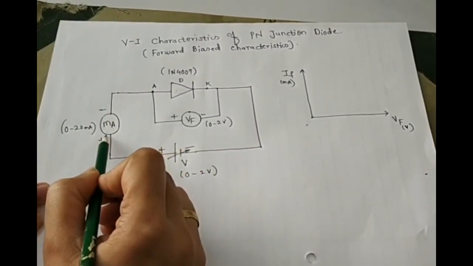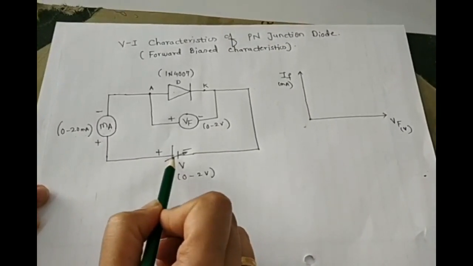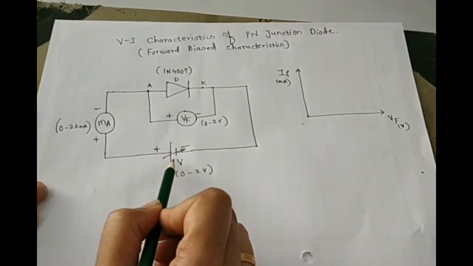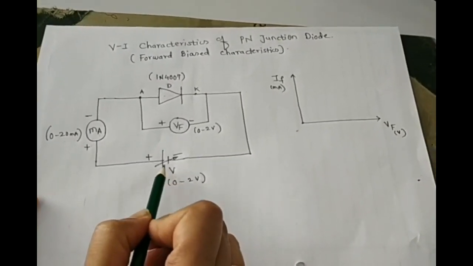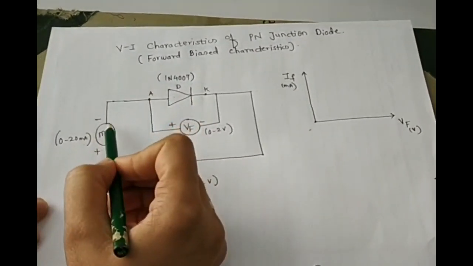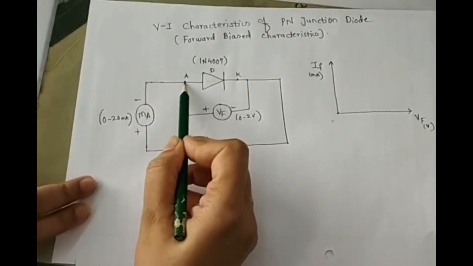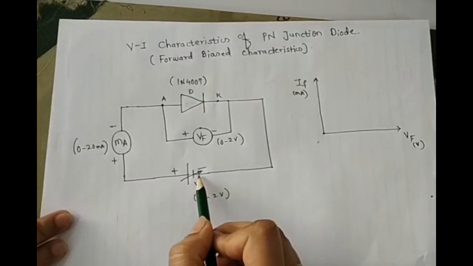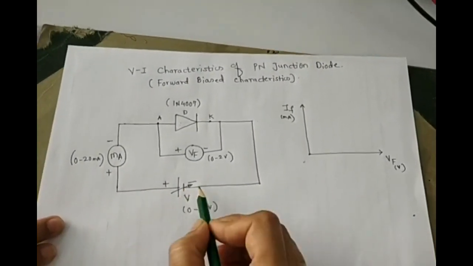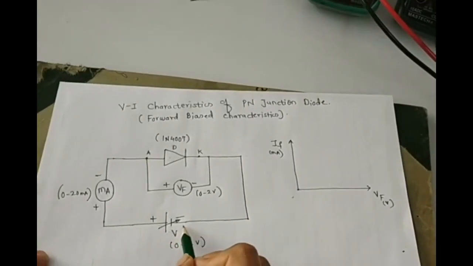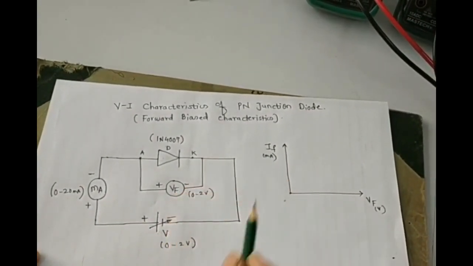The positive terminal of the milliammeter is connected to the positive terminal of the main battery, which is your input battery through which we apply the input voltage, and the negative terminal of the battery, the negative terminal of our supply Vin, is connected to the cathode, as you can see.